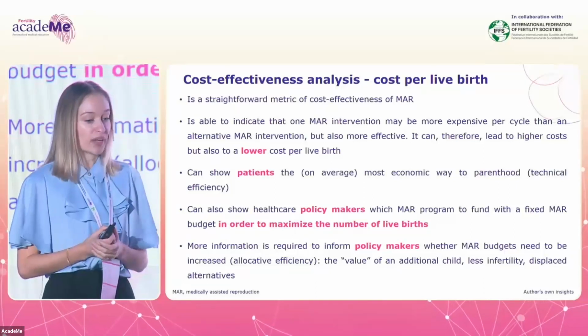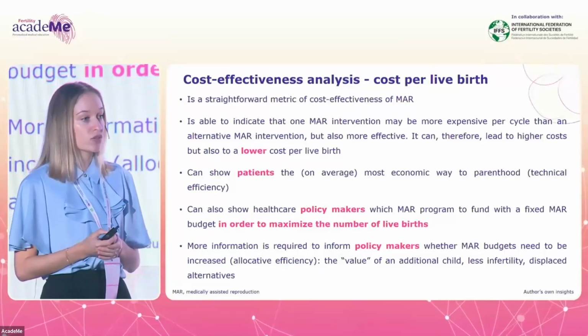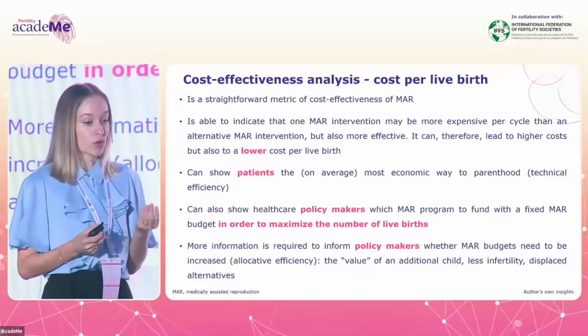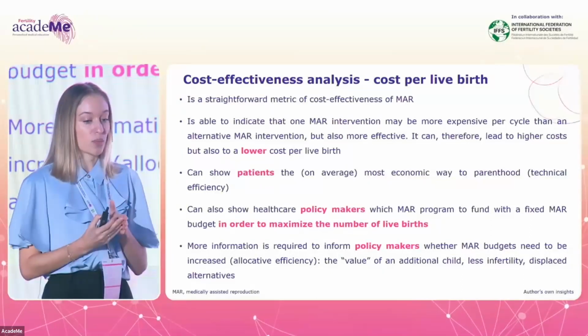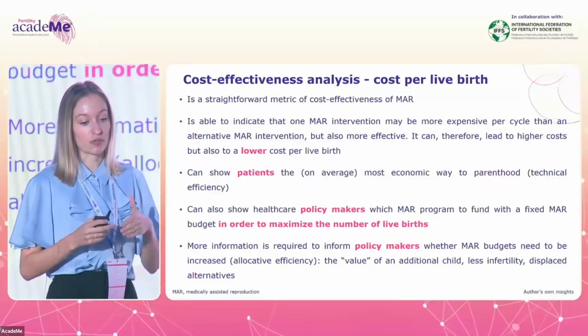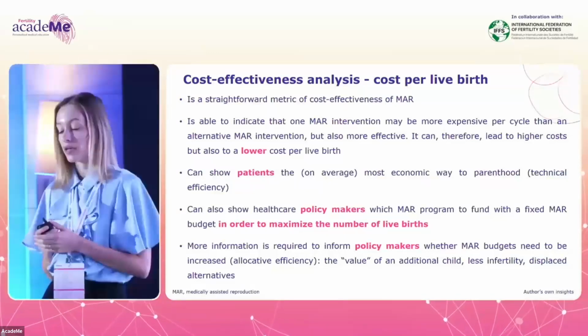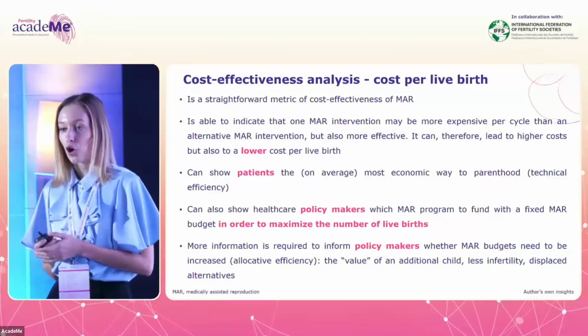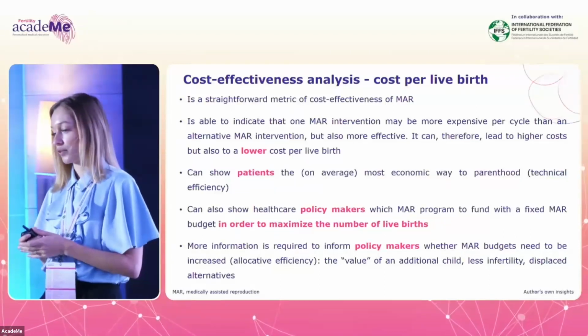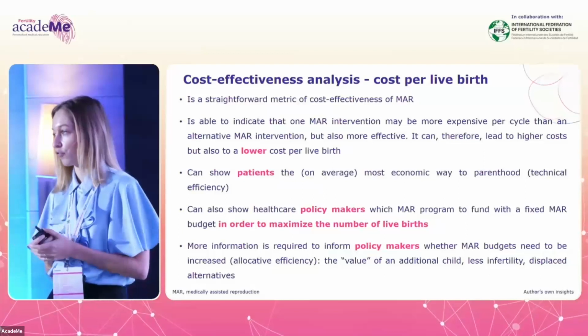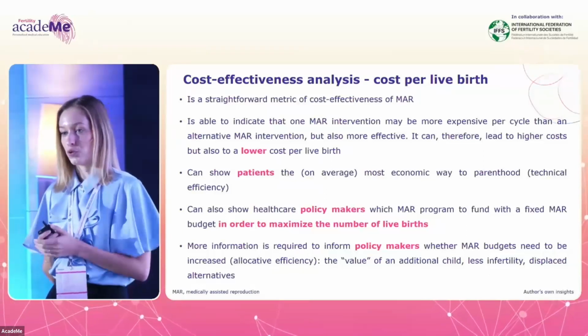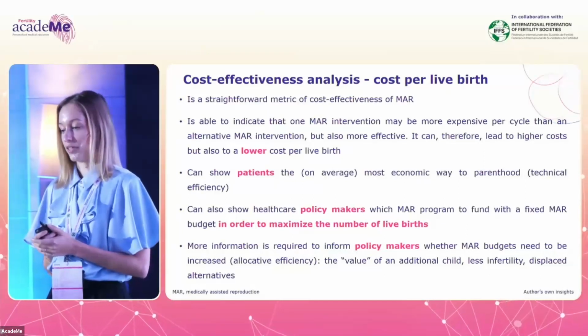It's able to show patients the most economic way to reach parenthood, and can also inform policymakers about which MAR program to fund from a fixed MAR budget in order to maximize the number of live births. It can, however, not inform policymakers about the relative size of the MAR budget compared to the budget for other healthcare interventions.